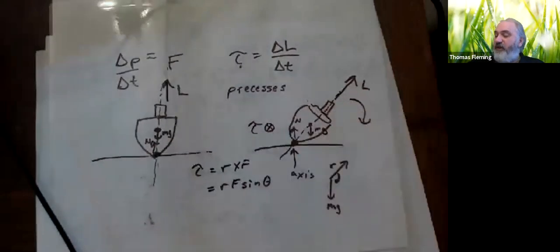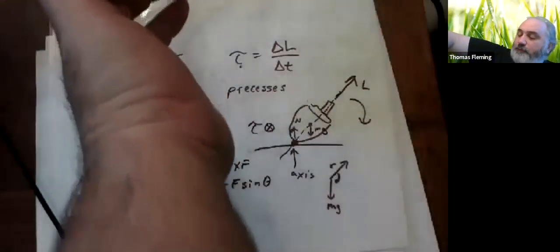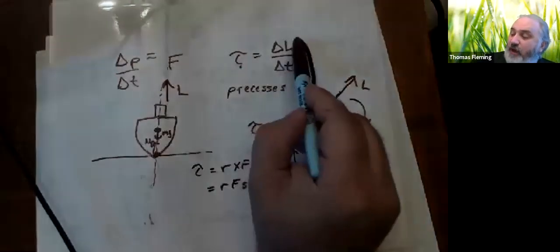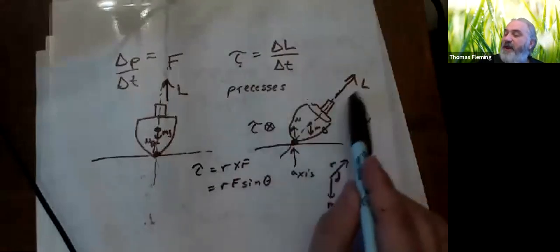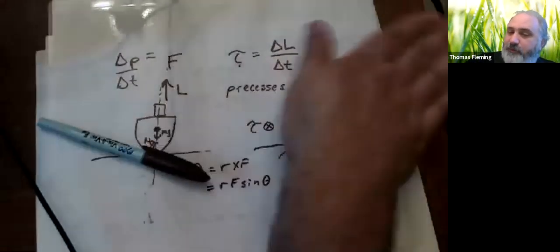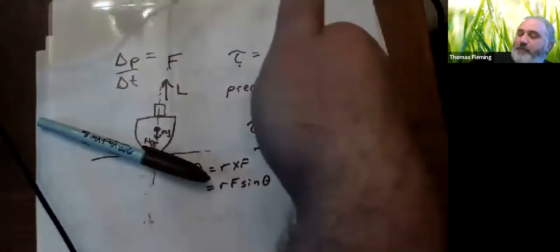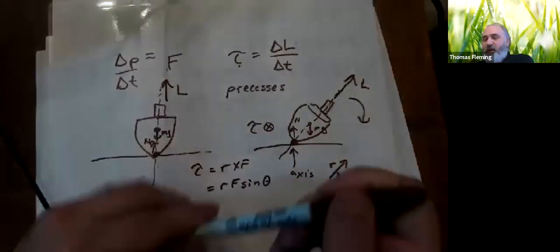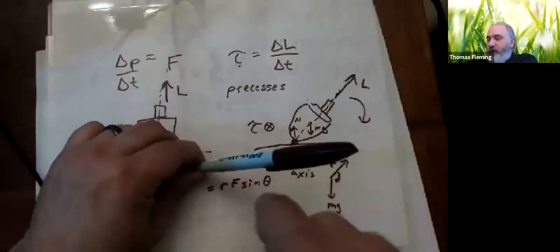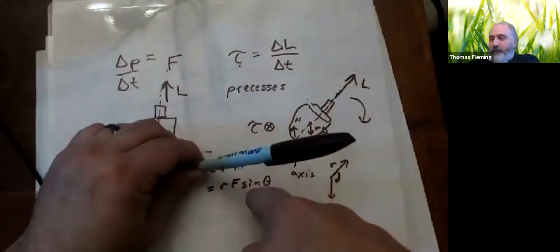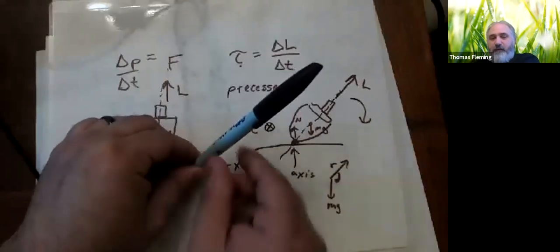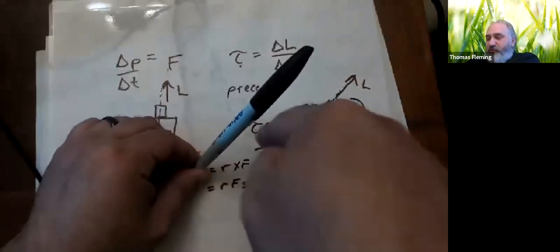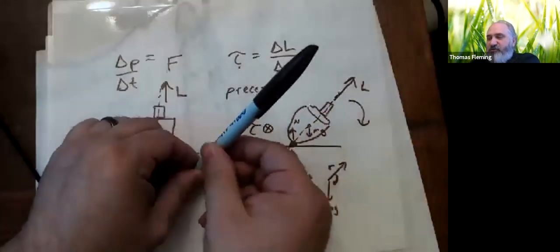And the change in L is going to be in that direction, into the page, which means a little bit later, my angular momentum vector is not going to point purely this way. It's going to point a little bit into the page. So what's happening to my object is that when mg is straight down, the torque is this way, and L changes like this. But now there's a mg straight down, the torque is this way, L changes like this.